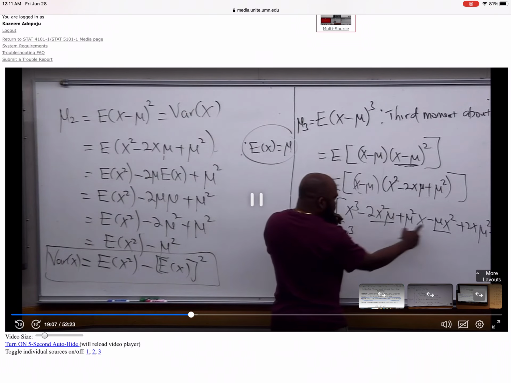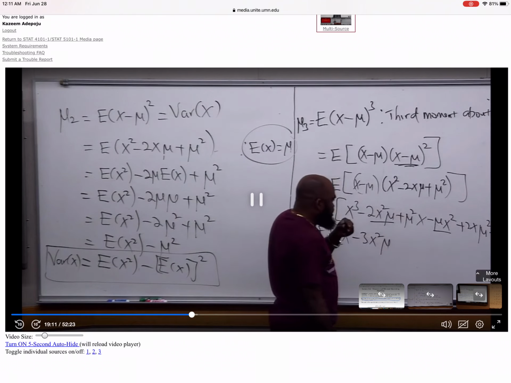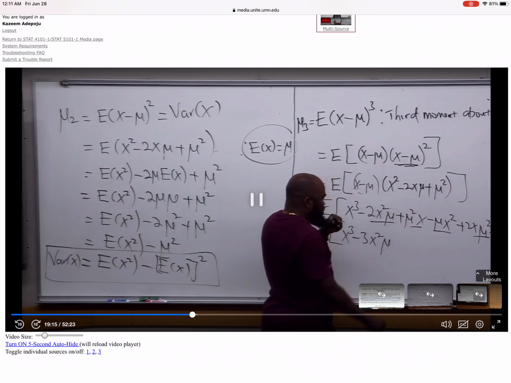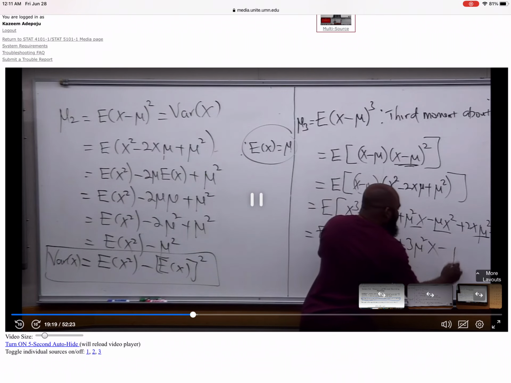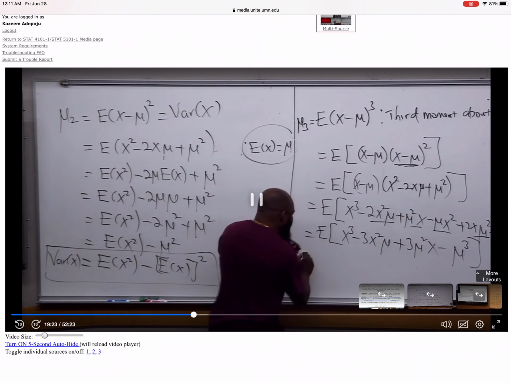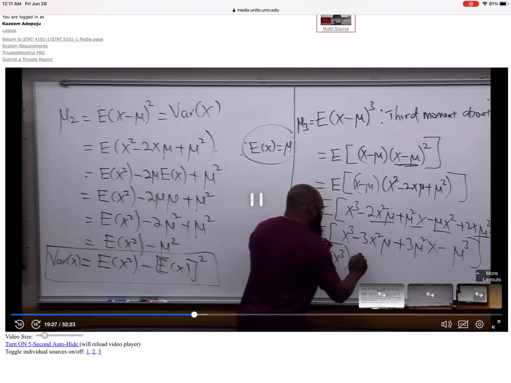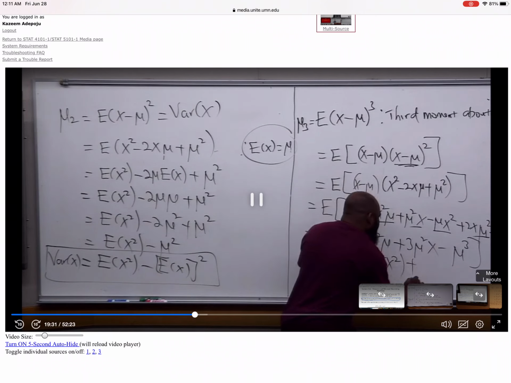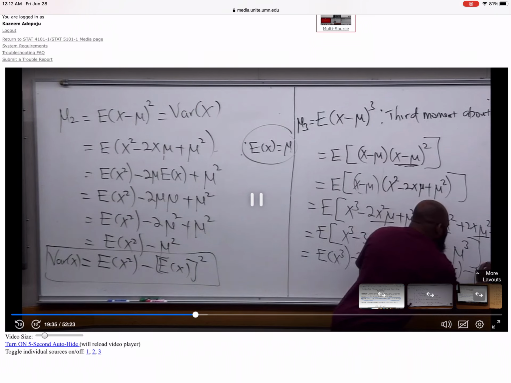If you take a look at this guy and this guy, that's like a 3 mu squared x, then minus that. You need to understand algebra to do that. So this is going to be x cubed minus 3 mu x squared plus 3 mu squared x minus mu cubed. This is algebra, just expanding.